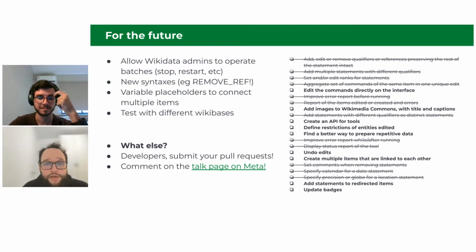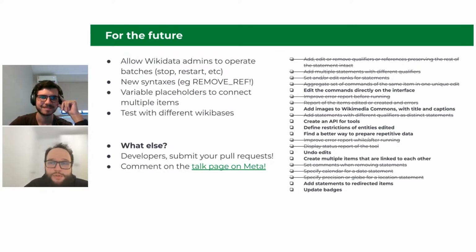For example, undo edits: personally, I think that belongs more in the editor groups, for example a button to undo the edits there, than in QuickStatements. But that's my opinion, and it can be discussed with the community.